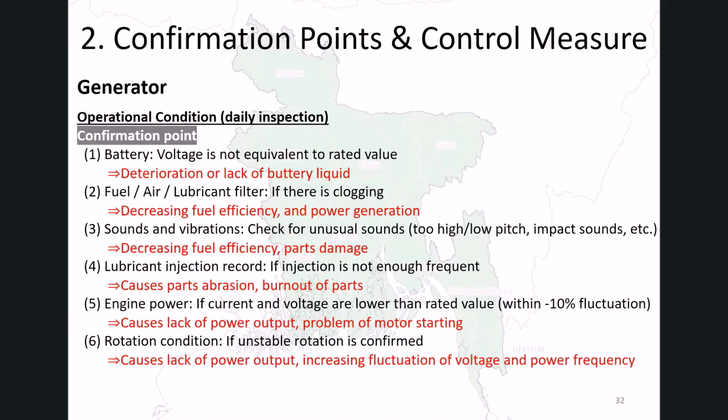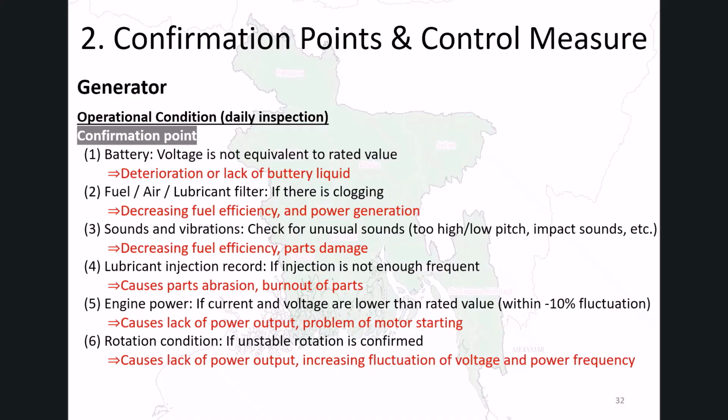Check for unusual sounds such as excessively high or low-pitched noises, impact sounds, or abnormal vibration. These symptoms may indicate combustion problems, worn parts, or loose bolts. If abnormal conditions are ignored, they may result in serious equipment damage. Prompt inspection is important whenever abnormalities are detected.